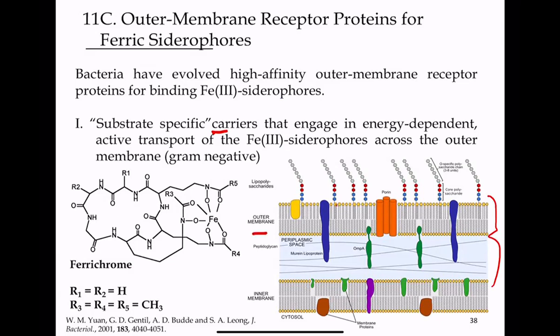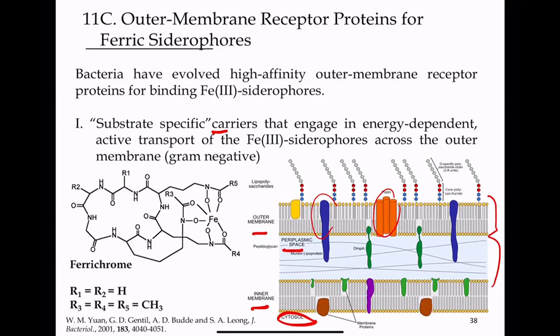So we have a certain number of transporters that are available. And then we have what is called the periplasmic space. And then you have the inner membrane before you even reach the cytosol of the bacteria. So I'm just going to briefly talk about how a particular siderophore is transported across the outer membrane, the periplasmic space, and also the inner membrane.